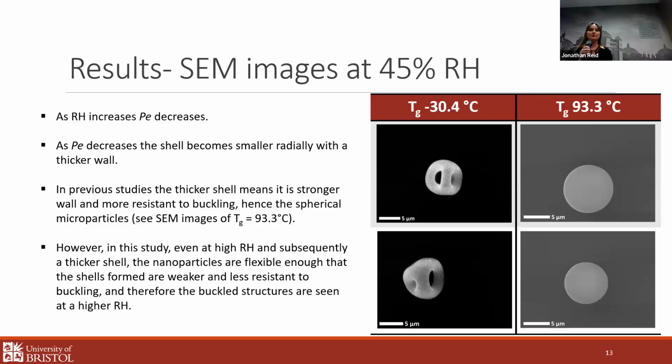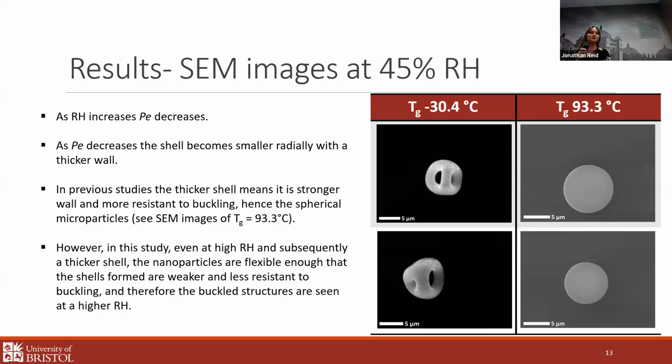So to explore that a little bit more, this is just a comparison of the 45% RHs and the lowest and highest TGs. These are just 2 pictures from each sample. And you can see that the high TG is spherical and the low is buckled. So what we think is going on here is that the nanoparticles formed from the low TG samples are softer because they've undergone that transition from the hard, brittle particles to the soft ones.